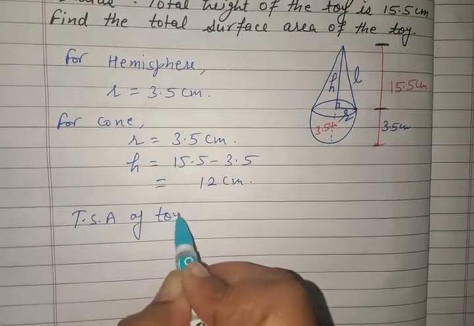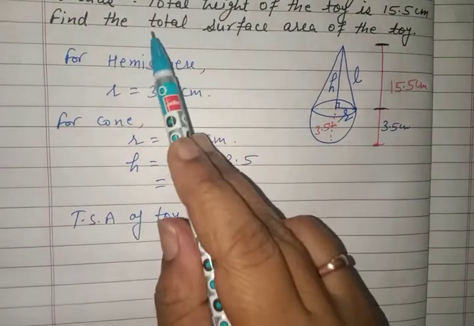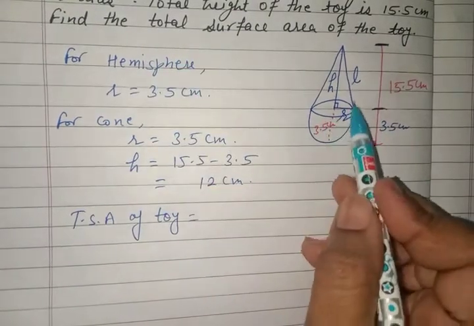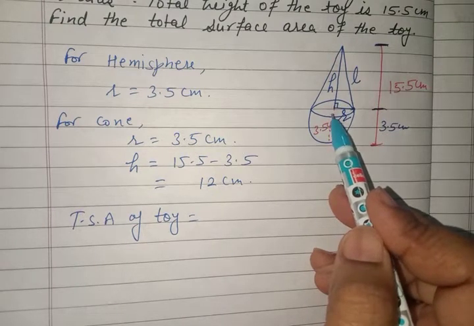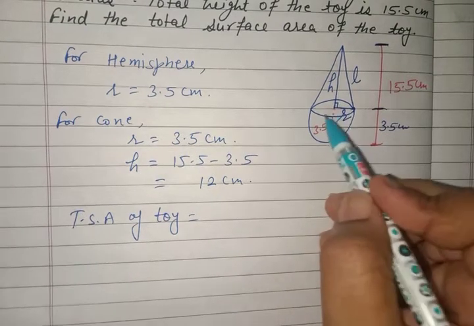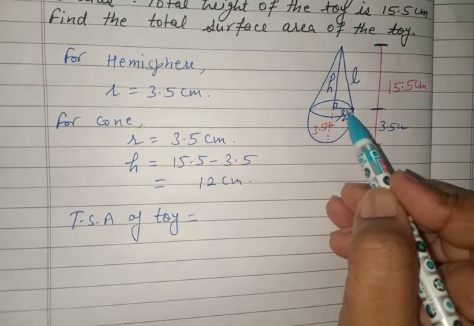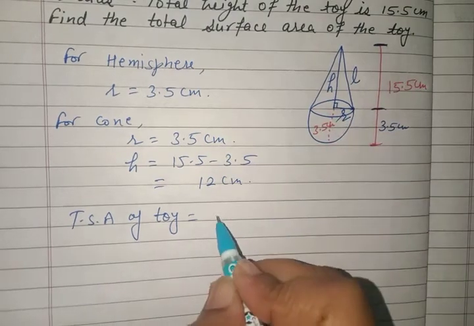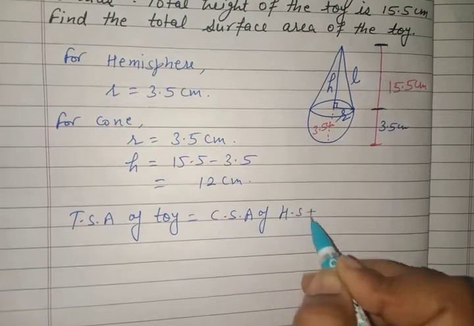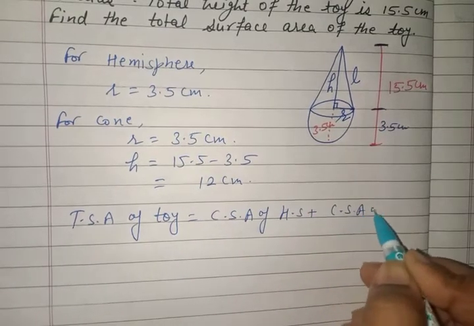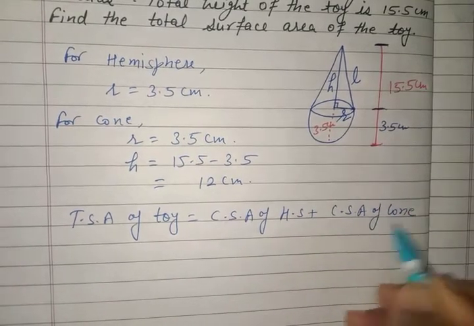So generally students think that if the word is total, they apply the formula of total of cone plus total of hemisphere. So this is wrong, because this part is open. That's why I will use curved surface area of hemisphere plus curved surface area of cone.